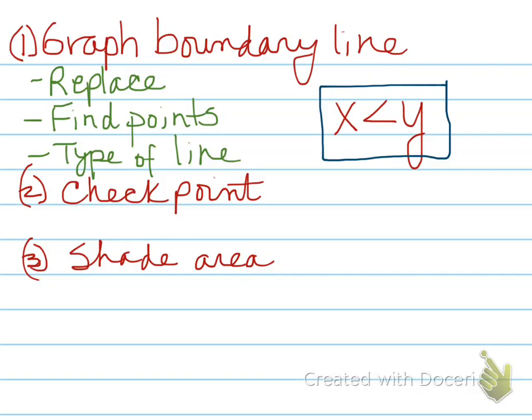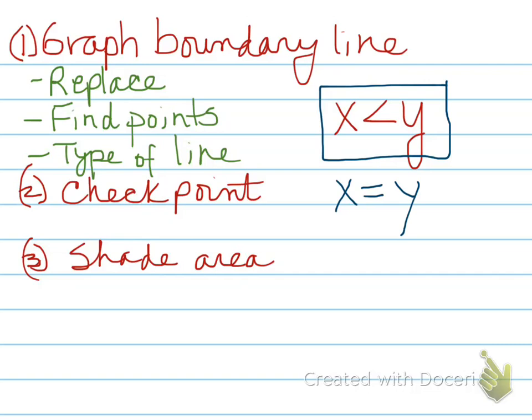As far as graphing the boundary line, we can't graph an inequality. However, we can replace the inequality symbol with an equal sign. So then we have x equals y, and that is an equation that we can graph.